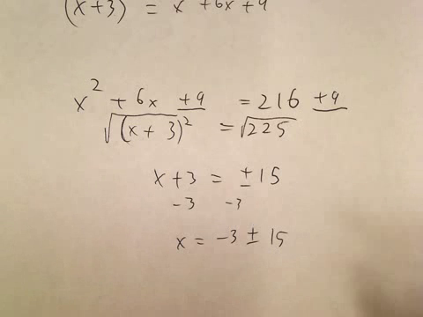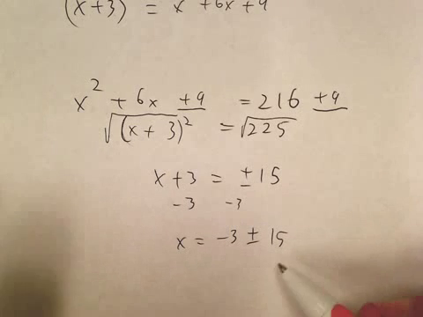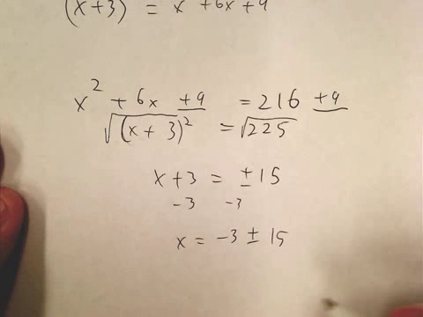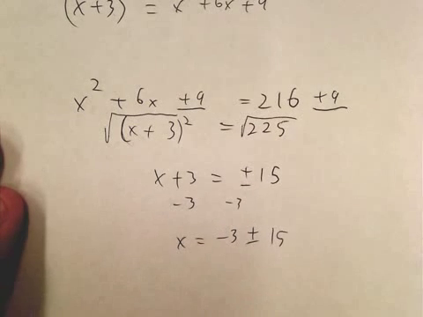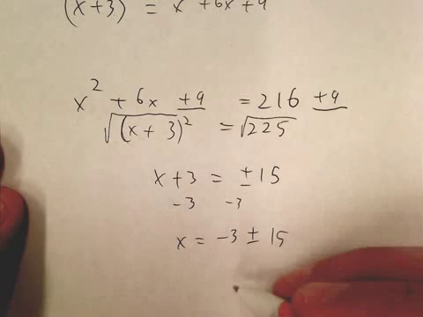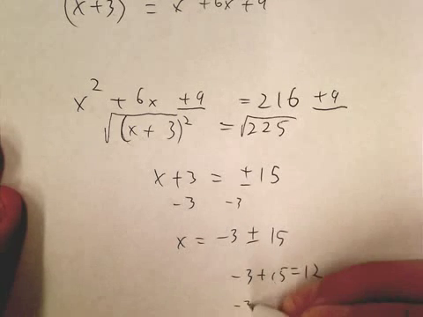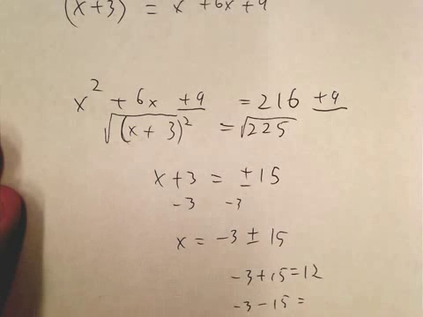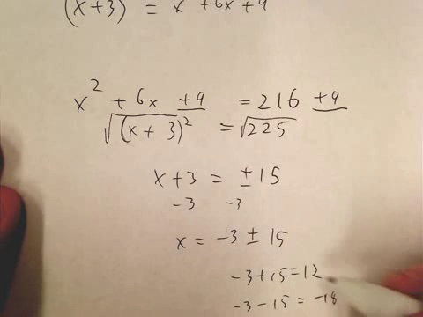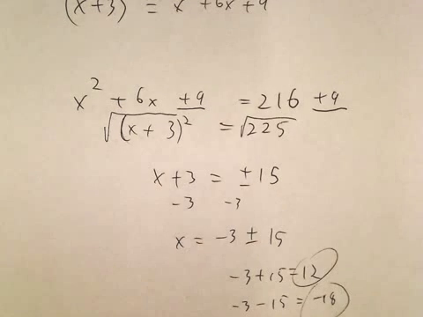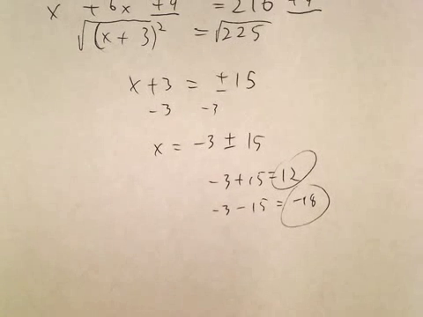If this was a radical over here, if this was something funky, I'd stop. But I can actually continue on. I can do negative 3 plus 15 and negative 3 minus 15 to find my two answers. So negative 3 plus 15 is equal to 12, and negative 3 minus 15 is equal to negative 18. So those are my two answers here, 12 and negative 18.